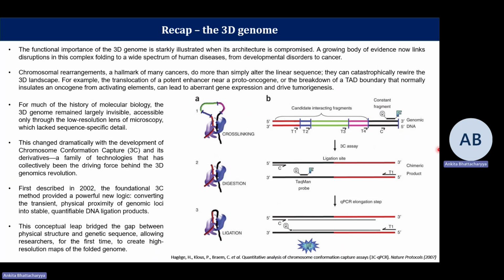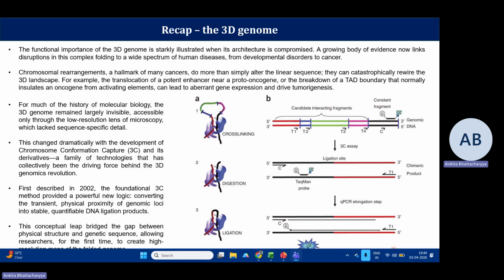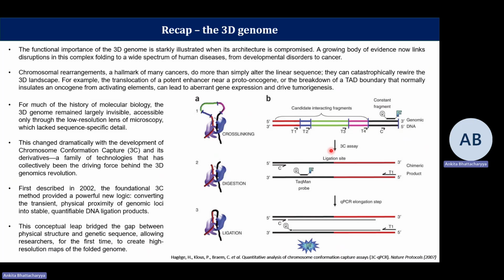So I was saying that candidate interacting fragments are within this region, and this is your constant fragment. This is obviously the genomic DNA, and after the 3C assay, what will you get?